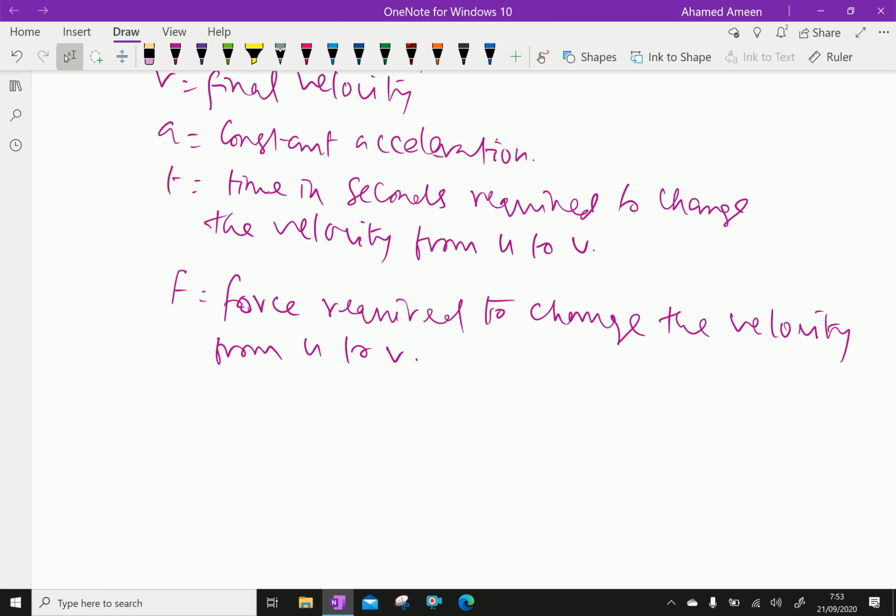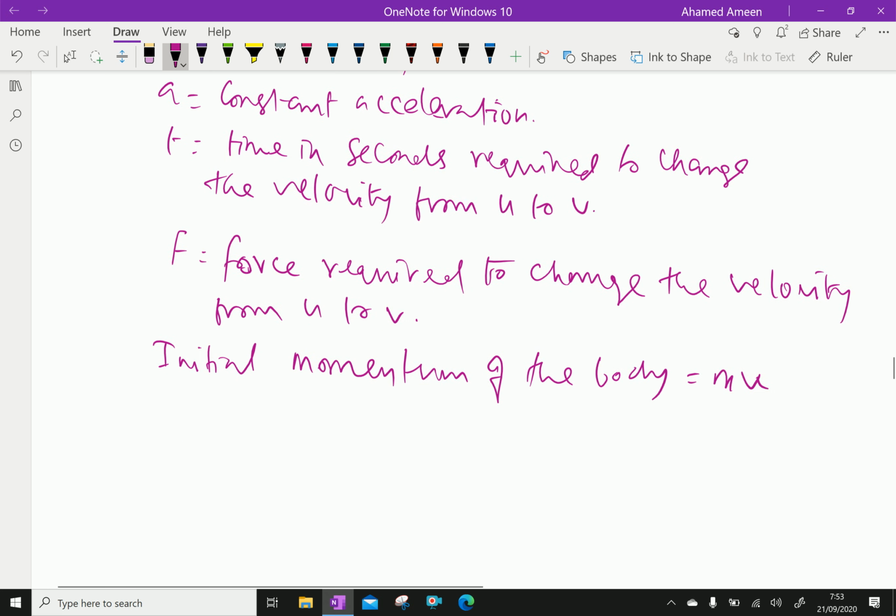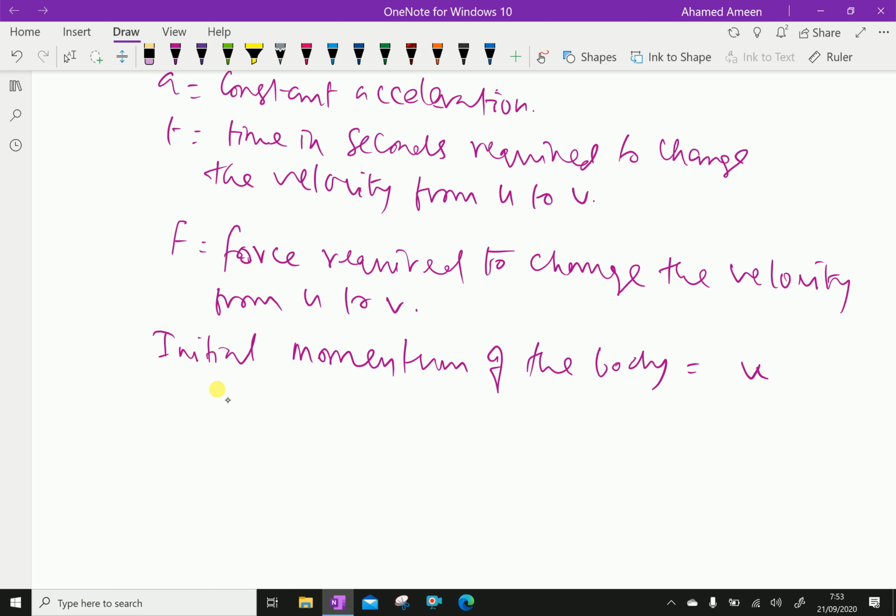Now, the initial momentum of the body equals mass into velocity, mu. Final momentum of the body, mv.